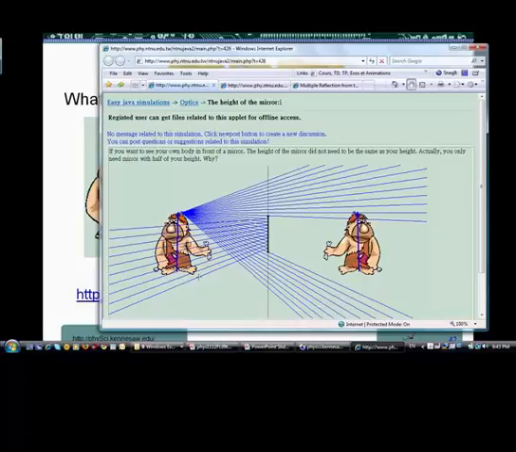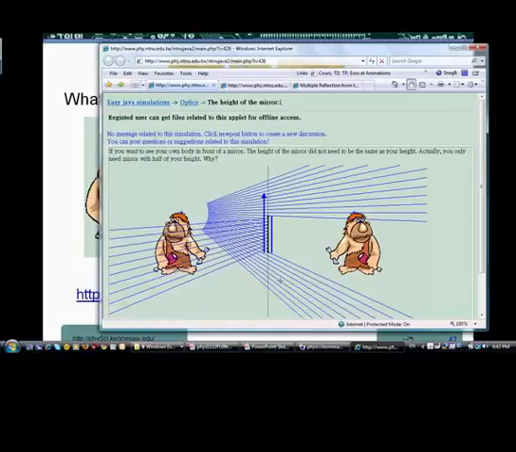So we should be able to see the full length with that size mirror. Now, what's this mirror? See, it's about half the length of the person.